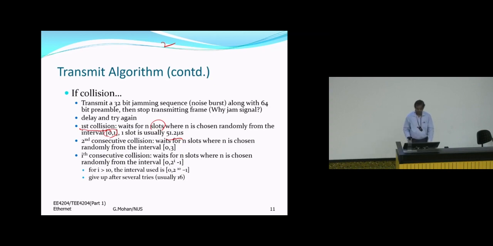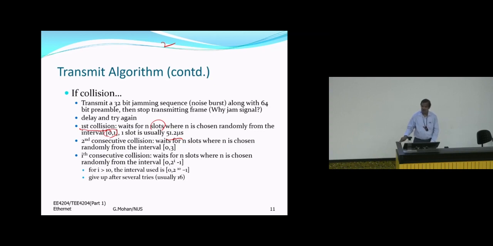Now, the optimistic assumption is that if this host gets 0, the other fellow will get 1. If the other fellow gets 0, he will get 1. That's very optimistic, right? That is a chance. But there's also a chance that both will get 0. There's a chance that both will get 1. So when they transmit again, there will be another collision.